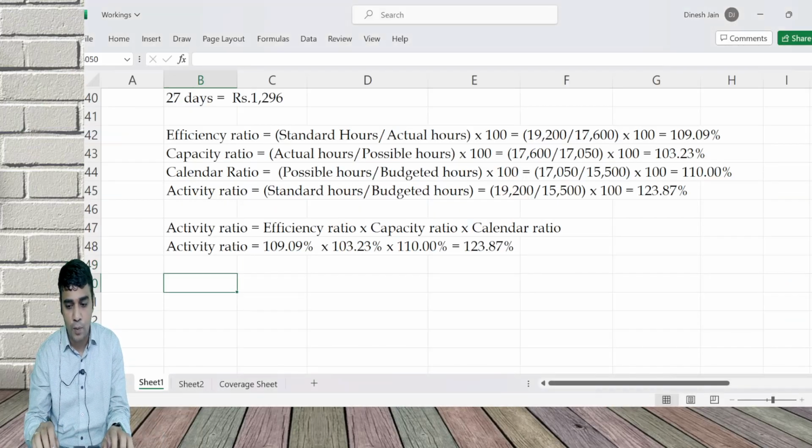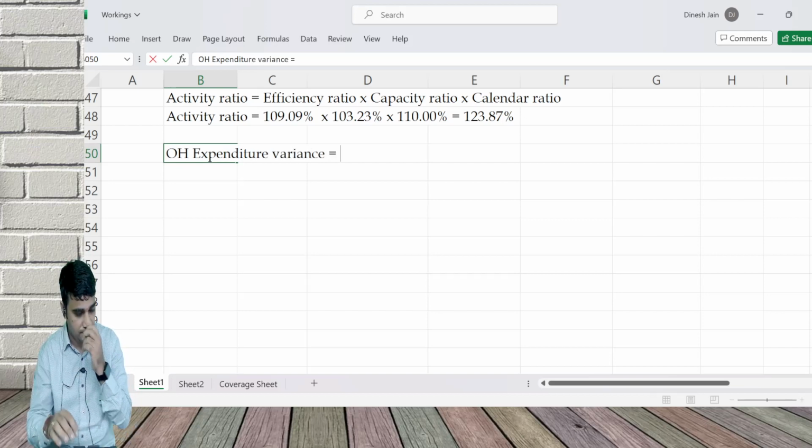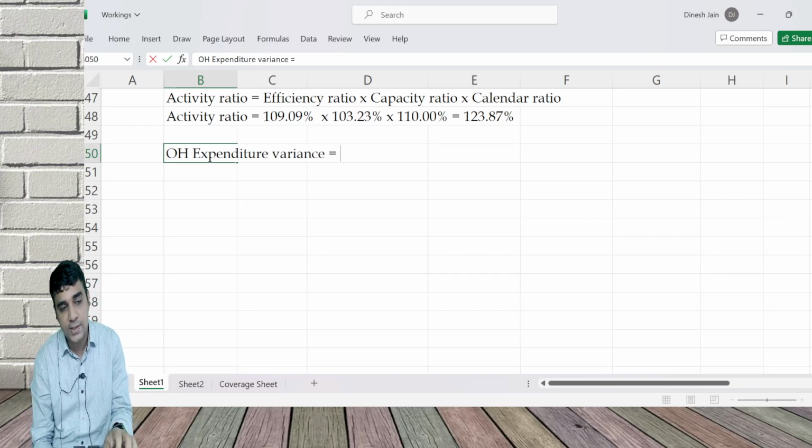Let's start. Overhead expenditure variance, or let's use whatever name they've given, is equal to what's the formula?